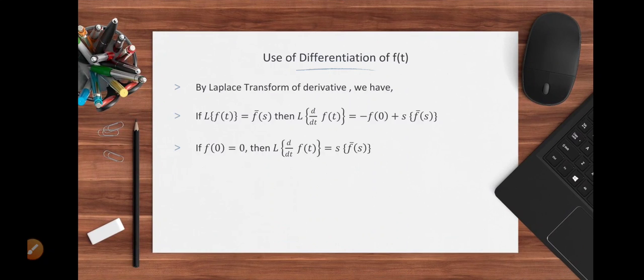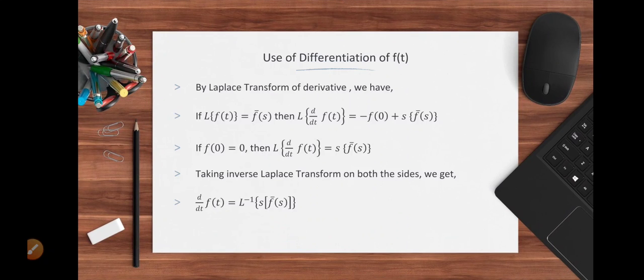So if f of 0 is equal to 0, then L of f dash of t becomes s into f bar of s. Now taking inverse Laplace transform on both sides, we get d by dt of f of t is equal to L inverse of s into f bar of s.